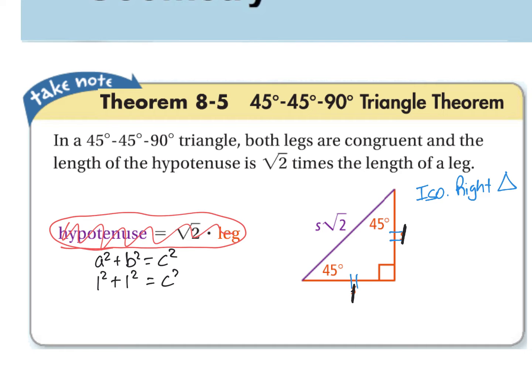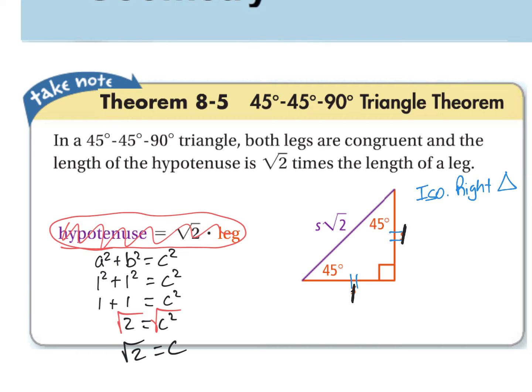If I work this out, 1 squared is 1, 1 squared is 1, so I get 2, which is c squared. Then to solve for c, I've got to take the square root of both sides. And so I get the square root of 2 equals c. That's my hypotenuse. So looking at this, if the legs are 1s, the hypotenuse is going to be the length of the square root of 2.